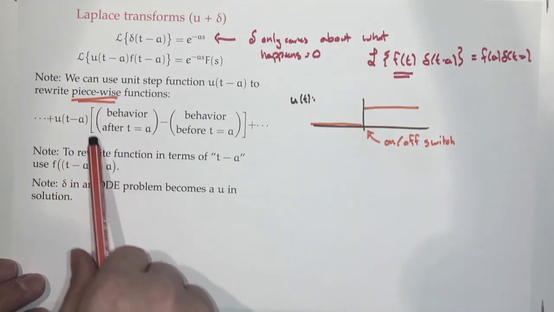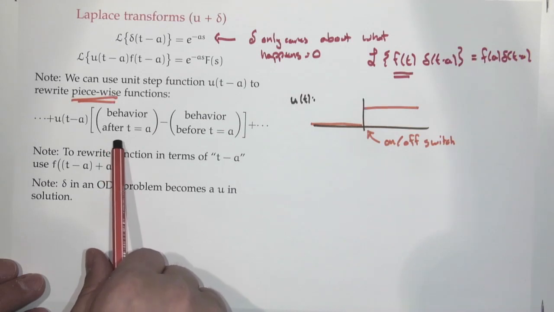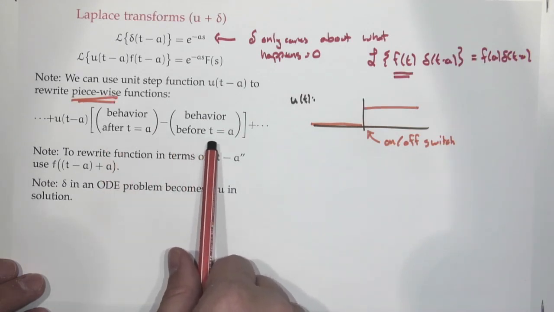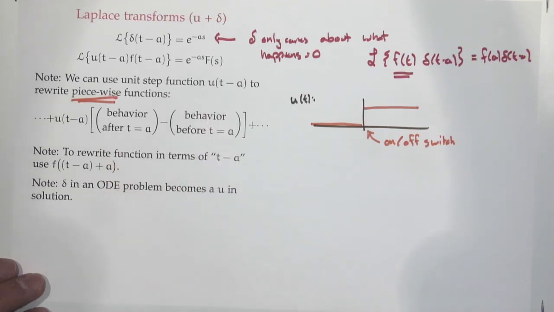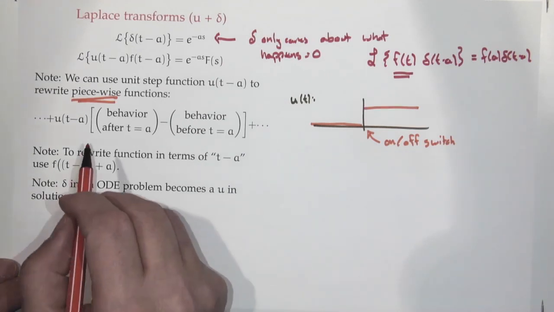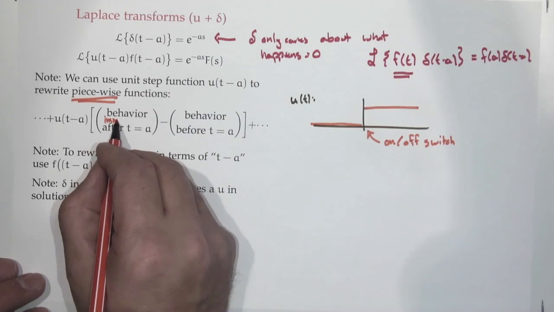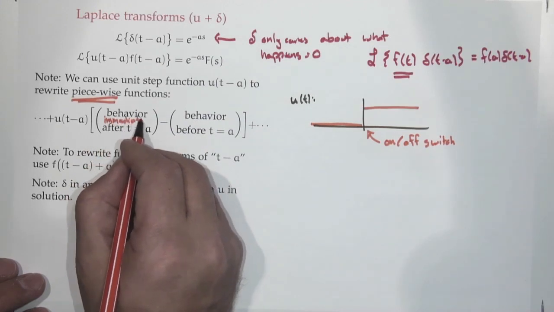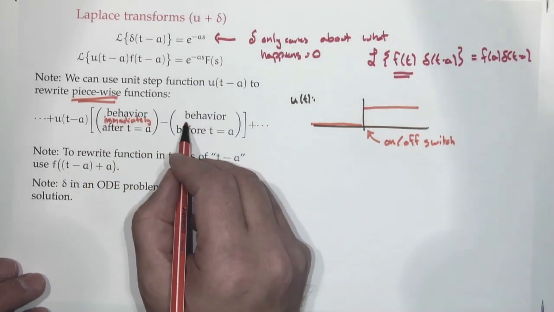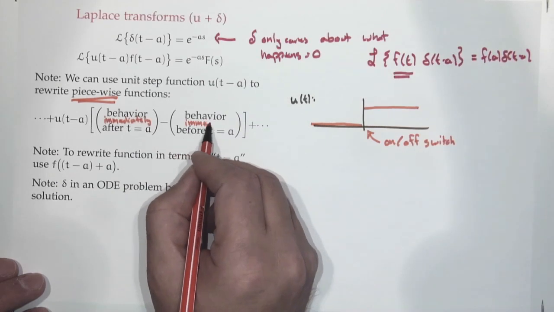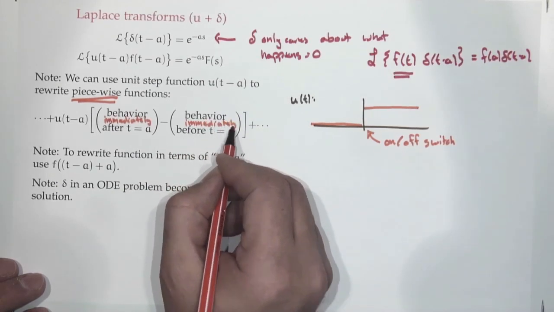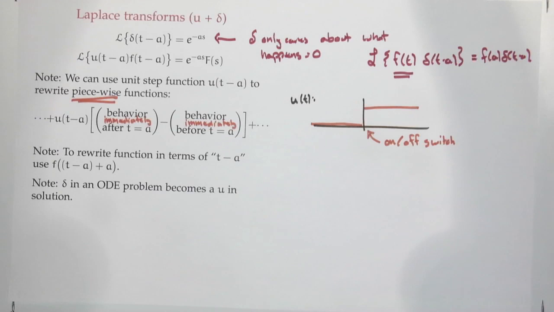We add what turns on, so that's what's happening after a. We subtract what turns off. That's before a. So now when we say after, we should emphasize immediately after. So we only care what's happening at the moment and the behavior immediately before. So I don't care what happened 5 or 6 switches ago. I only care what's happening at this switch.